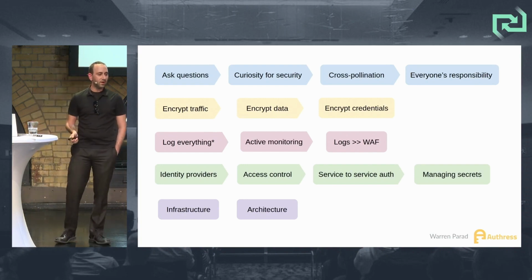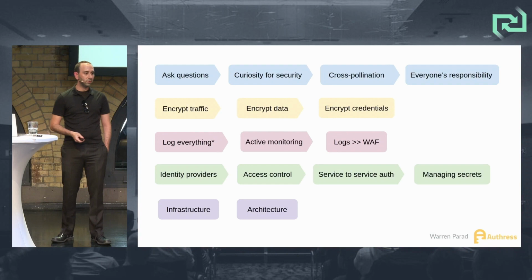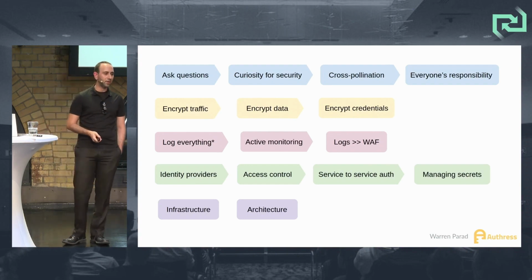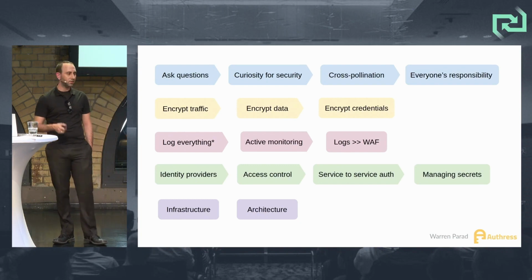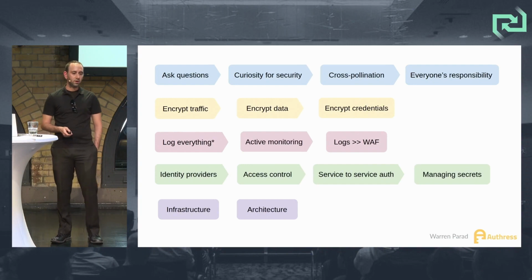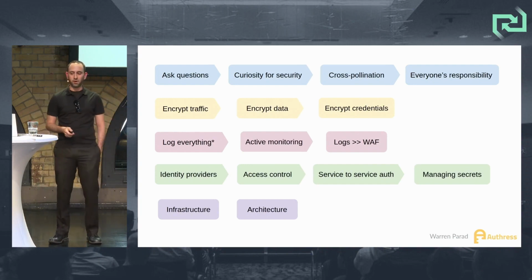On the path of identity providers, something to manage your users' identities, add complex access control, handle service-to-service communication very easily, and then managing potentially even access to third-party services. The same way you have communication within your services, you may need to communicate with third parties as well.